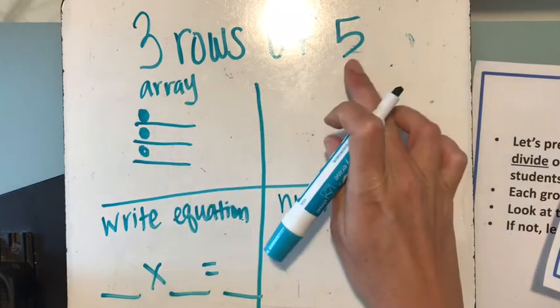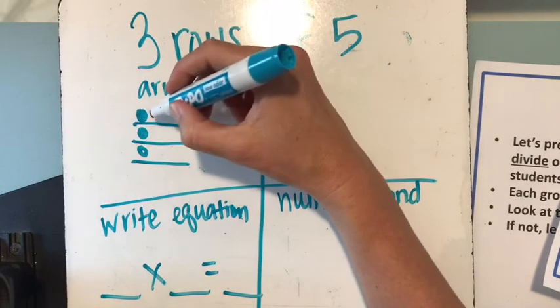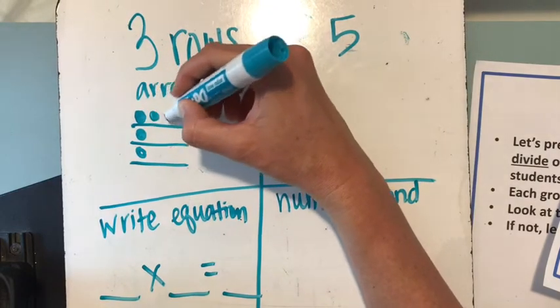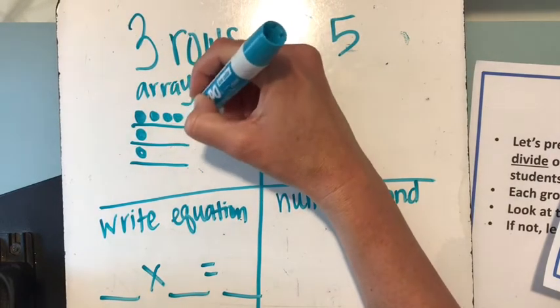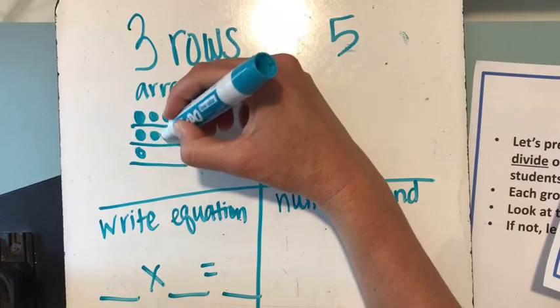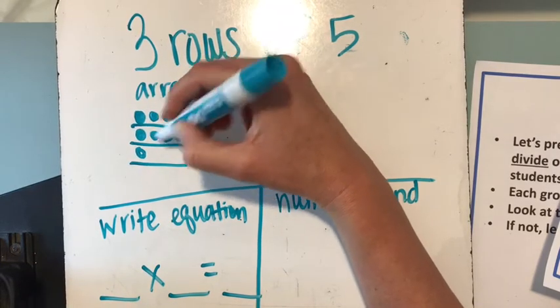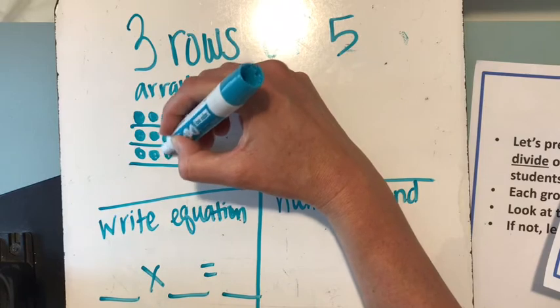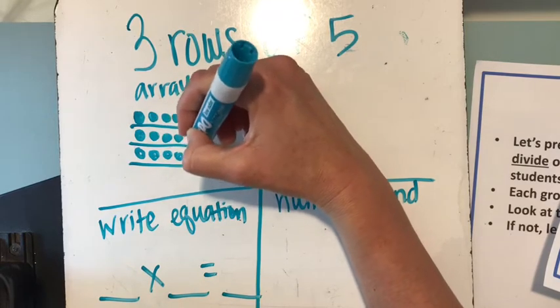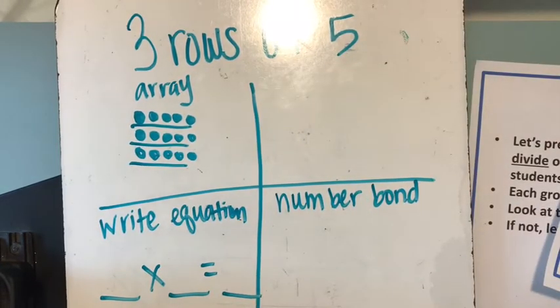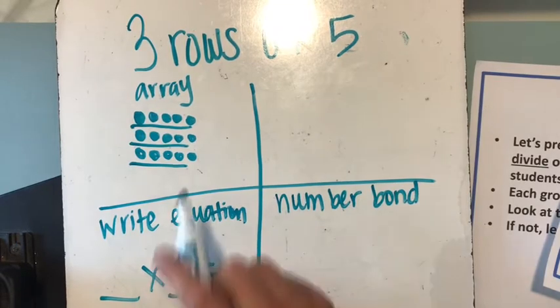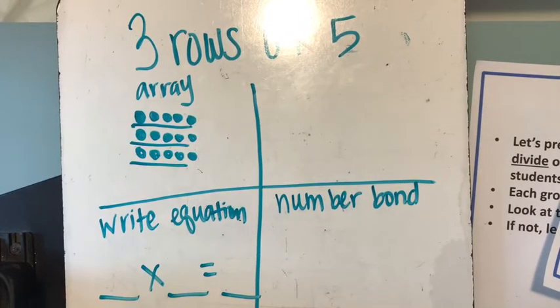I know I have 5 in each row. 1, 2, 3, 4, 5. 1, 2, 3, 4, 5. 1, 2, 3, 4, 5. Remember, if I'm going too fast, you can always pause. So there's my array. Is it a perfect array? No, but that's okay.